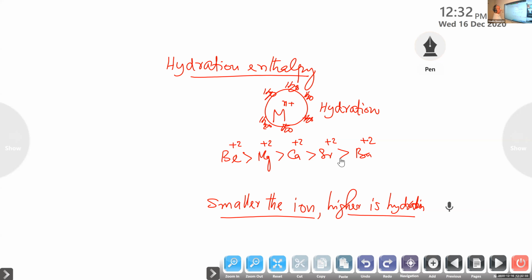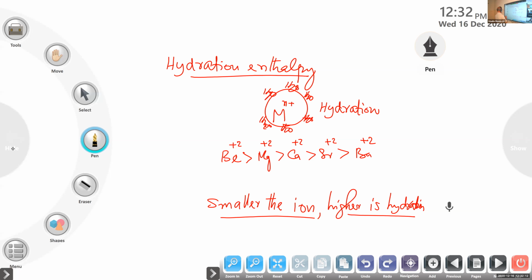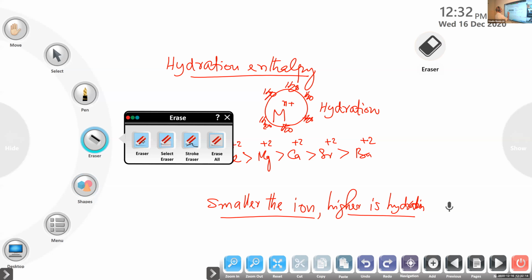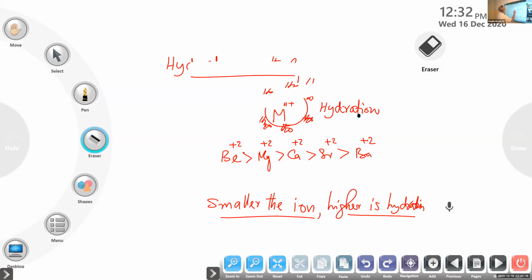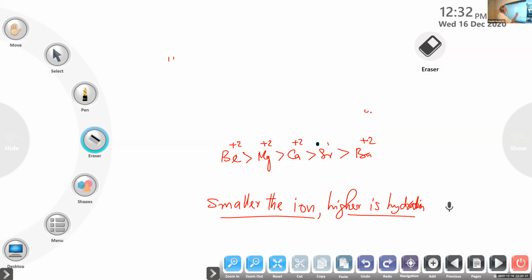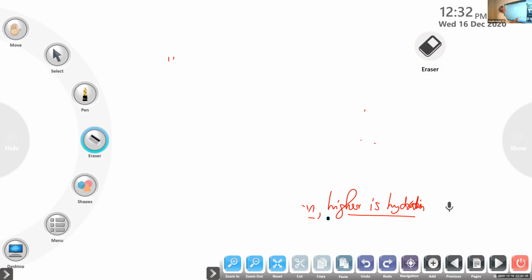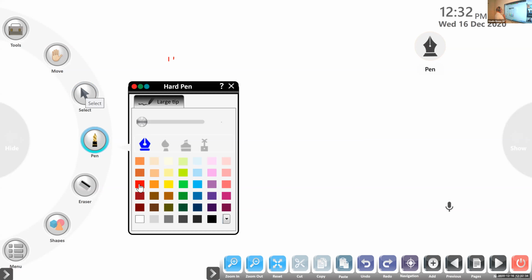Here Be plus 2 is the smallest ion and so it is having the highest hydration enthalpy.